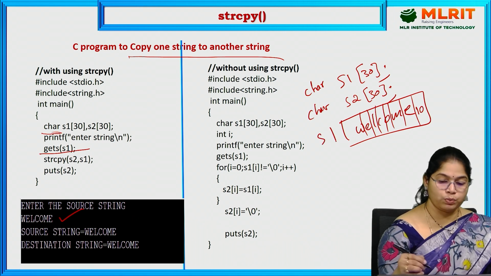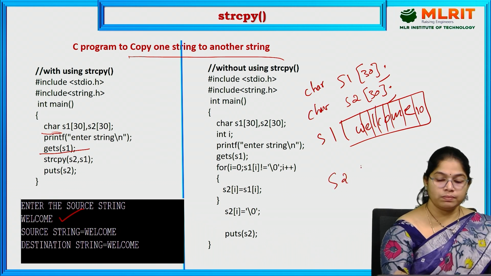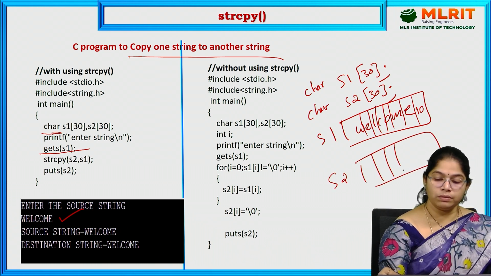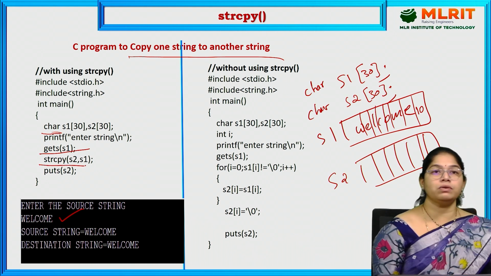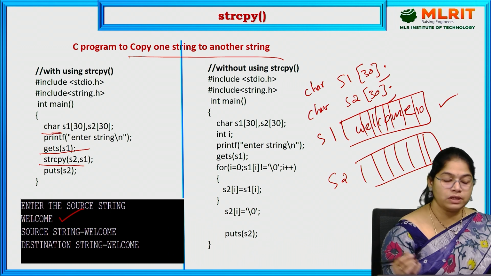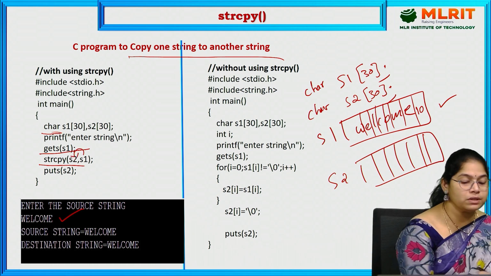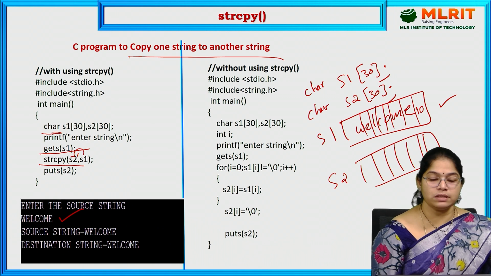This is S1. Now I want to copy this S1 into S2. So I used a string handling function called strcpy. S1 already I stored as the string welcome. It is copied into S2 using strcpy, or without using strcpy.